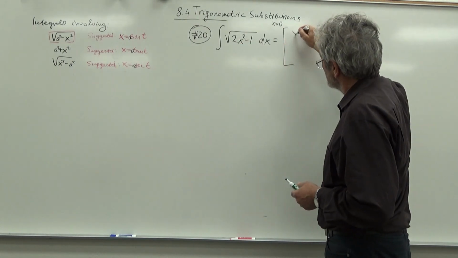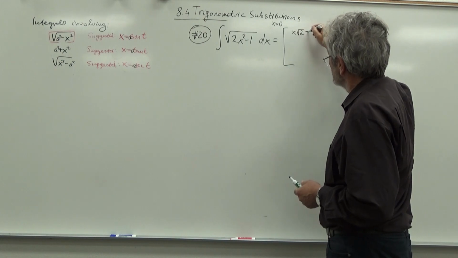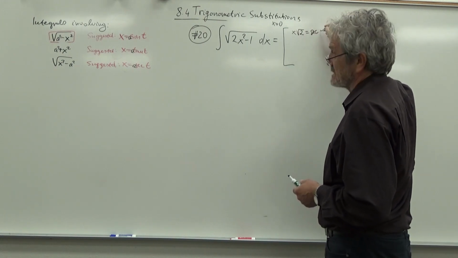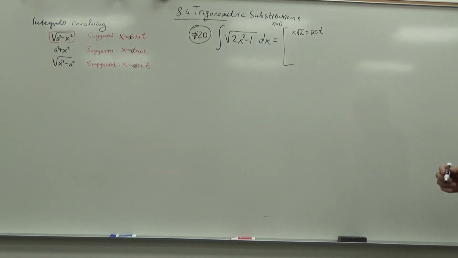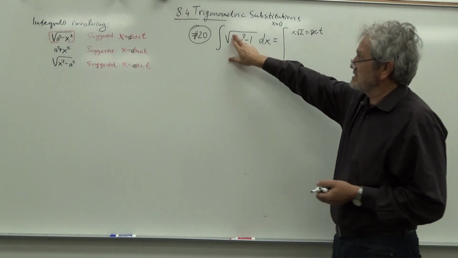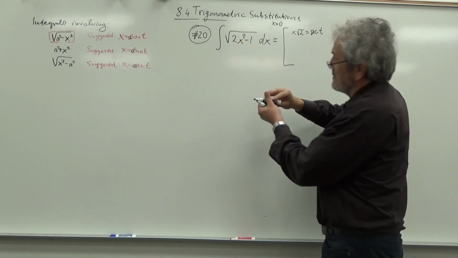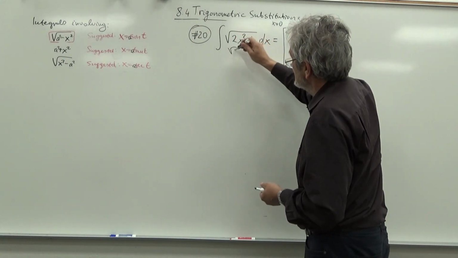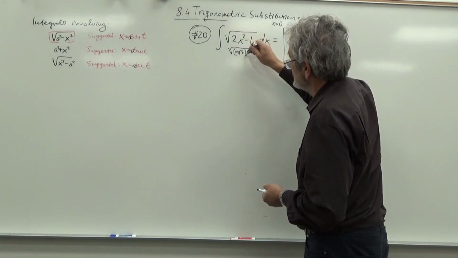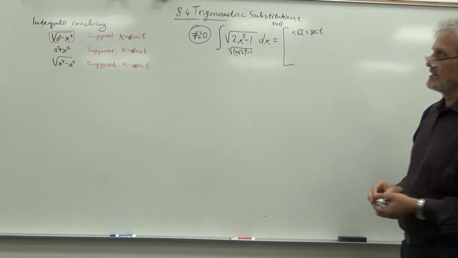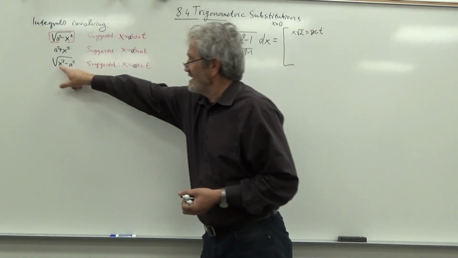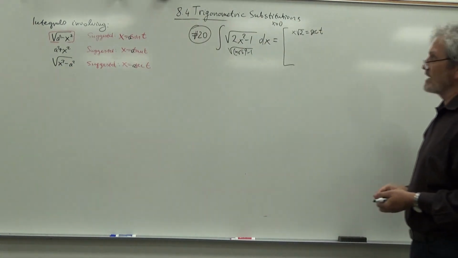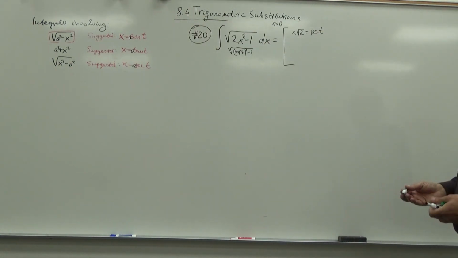So generally you just take that as a substitution: x root 2 equals secant t. So we adjusted that root 2, because this really is x root 2 squared minus 1. So you don't have to pull it out. You actually treat it here as the whole x squared. So x root 2 is secant t.